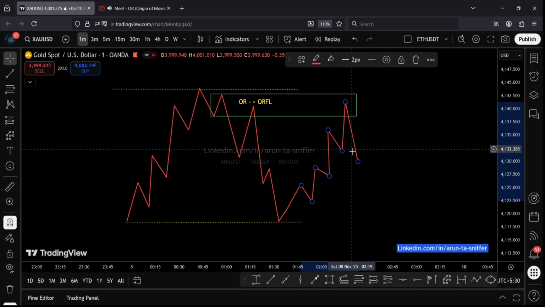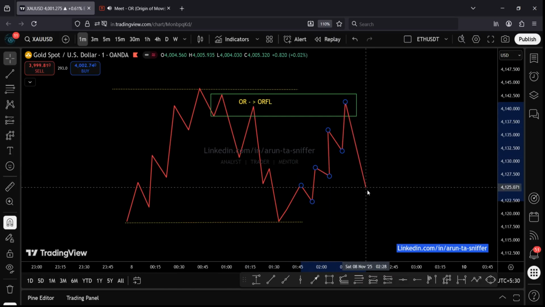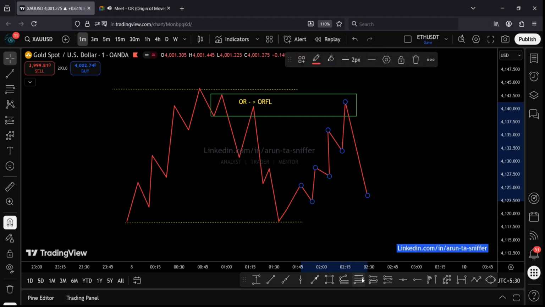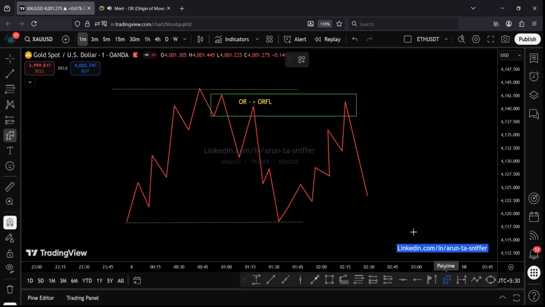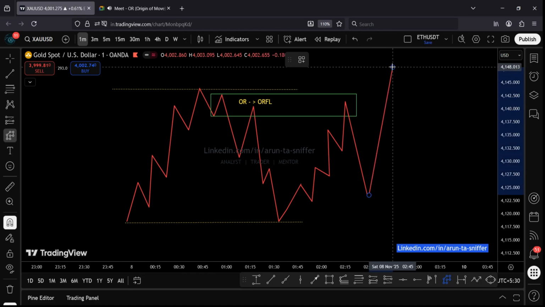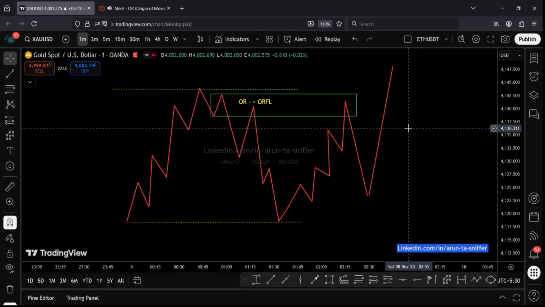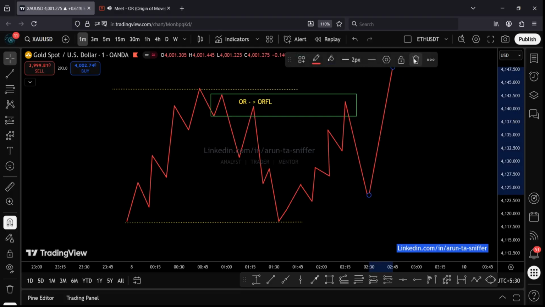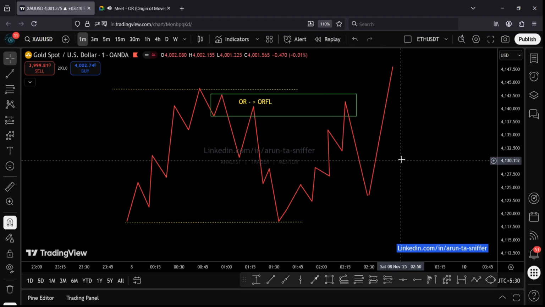But in the ORFL case, usually price retraces deeper to here and then goes up from here, right? So that's why the origin and origin with FL are important. This is origin and ORFL.